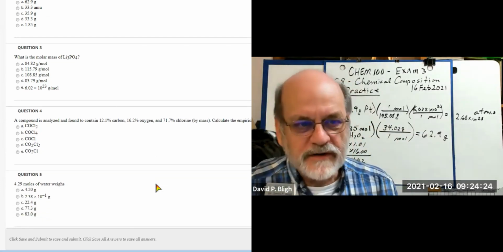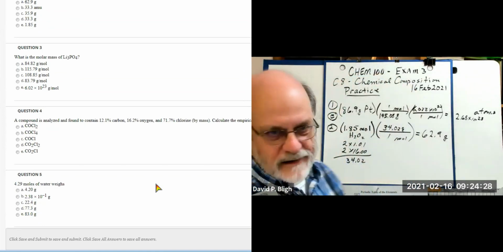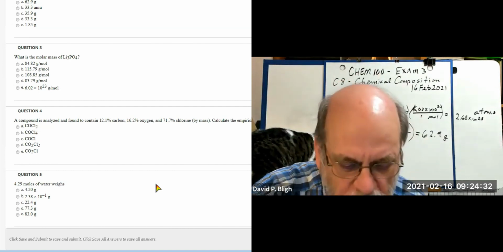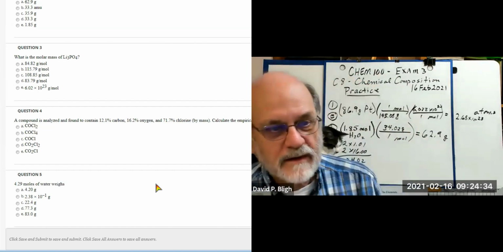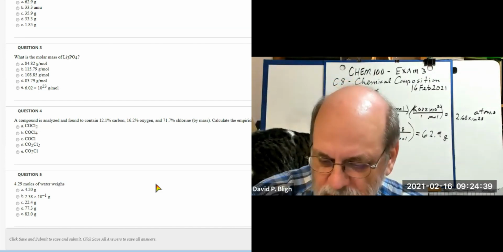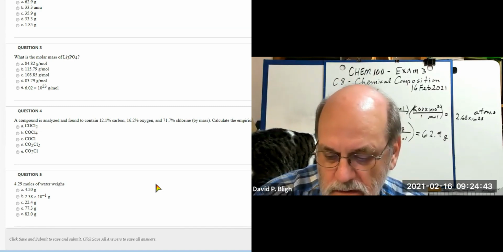This one should be fairly simple. Question 3. All right. Start the timer now. What's the molar mass of Li3PO4? Be good to know how to name that too. PO4.